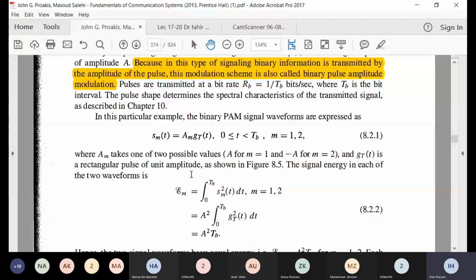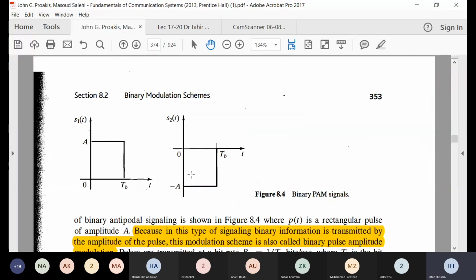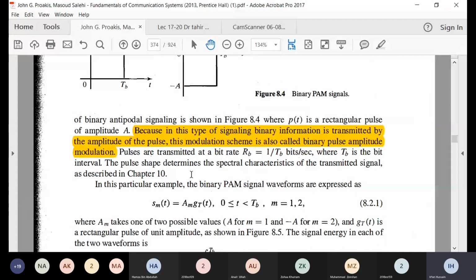So in case of binary pulse amplitude modulation, if you could remember, we started with binary antipodal, but we can also call them binary pulse amplitude, because you can see that you have the same pulse and you are just differentiating the pulses with respect to the amplitude.